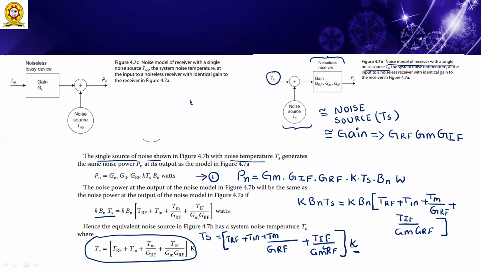Succeeding stages of this receiver contribute less and less noise to the system noise temperature. Frequently when an RF amplifier is used in the receiver, the front end has a high gain. Therefore the noise contributed by the IF amplifier and later stages can be ignored, and the system noise temperature is simply the sum of the antenna noise temperature and LNA noise temperature.